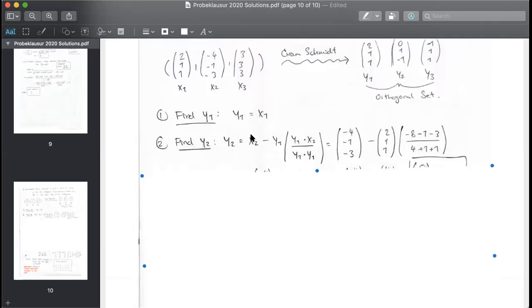And so x2 is this minus y1, which we just found here. So y1 times the dot product. The dot product is the entries times each other, right? y1 dot x2. So 2 times minus 4 is minus 8, plus 1 times minus 1 is minus 1, plus 1 times minus 3 is minus 3.